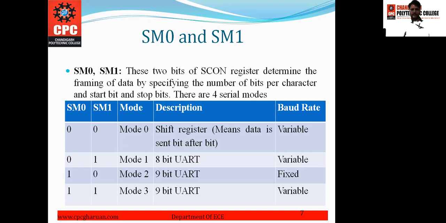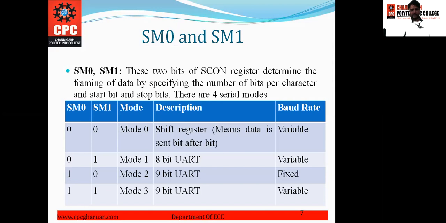The serial port operates in mode 3 when both SM0 and SM1 are equal to 1. If the serial port operates in mode 0, then it acts like a shift register. It means the data is sent bit after bit and the baud rate in this case is variable.